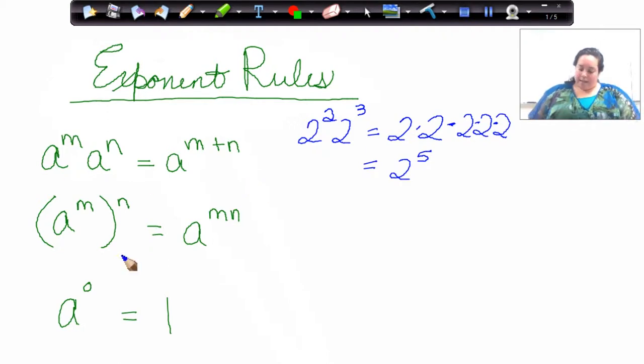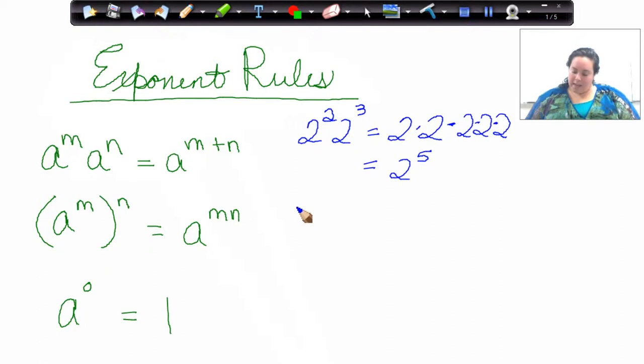Okay, let's look at the next one. A to the m, all of that raised to the n, is a to the m times n. So here we have a base to a power raised to another power, and it ends up being the base with the 2 powers this time being multiplied instead of added. Let's look at an example.